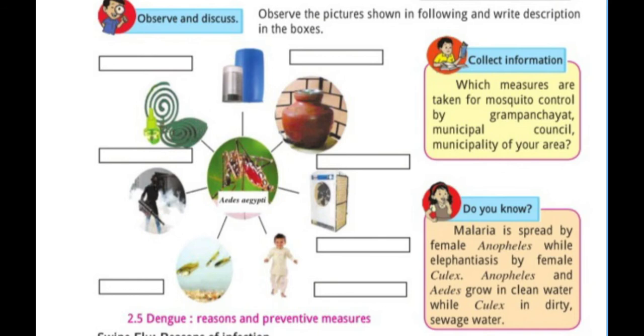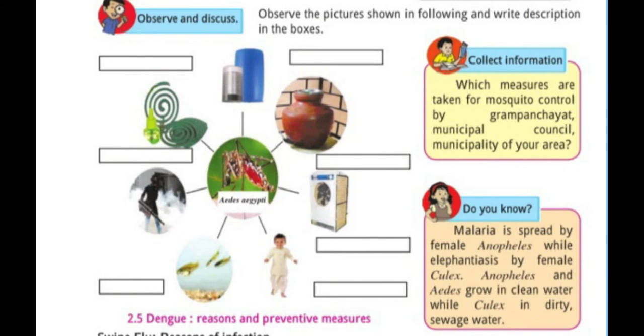Some barrels or empty cans are shown there, which are breeding places of mosquitoes. Some pots are there in the rainy season. If water remains for a long period, that is the right place for mosquitoes to lay eggs. Coolers, with water in them, are also places where mosquitoes lay eggs.